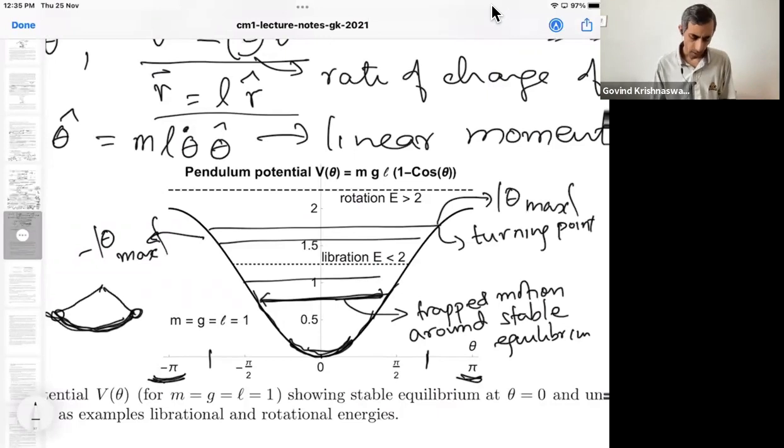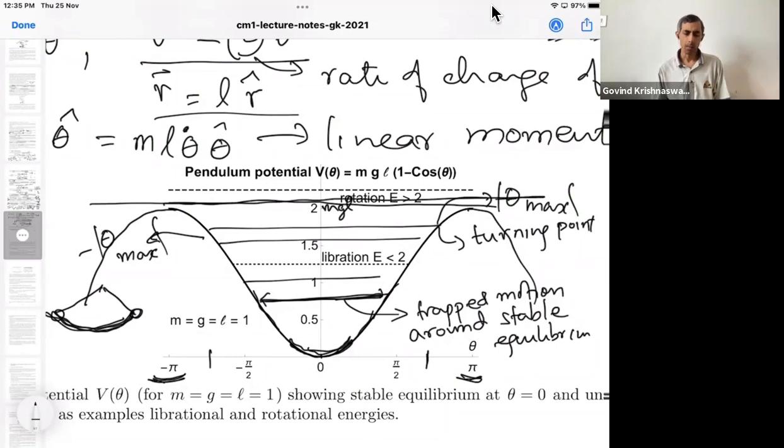Now, when the energy exceeds 2 m g l, at which point the potential turns down, there are no turning points at all. That is when you go from libration to rotation. So when the energy exceeds 2 m g l, you go from libration to rotation.